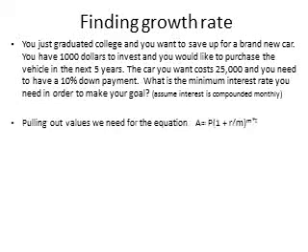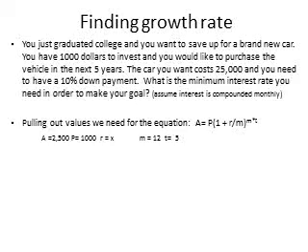Pulling out the values we need to satisfy the equation for compound interest, we get A, not P. The amount that we need at the end is 2,500. This is 25,000 times 10%, because that is what we actually need in order to make the purchase. P, or the principal required that we have, is $1,000.